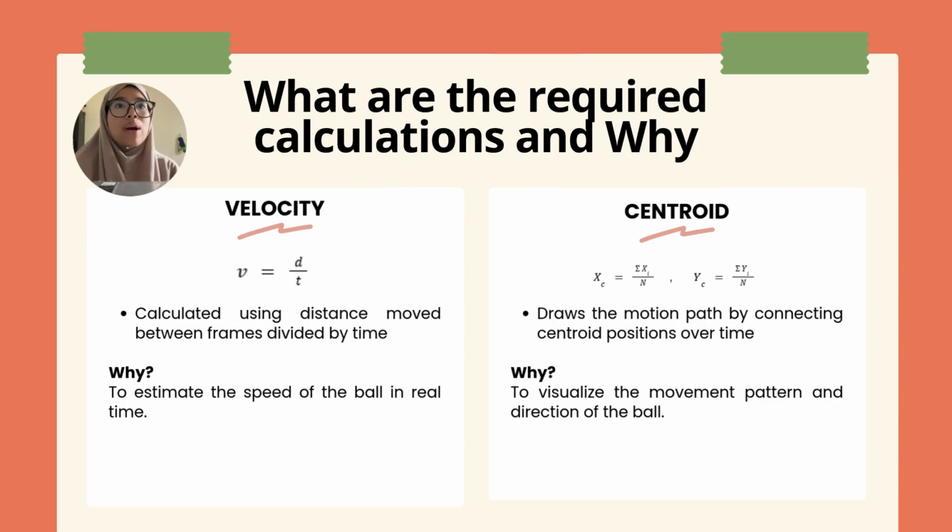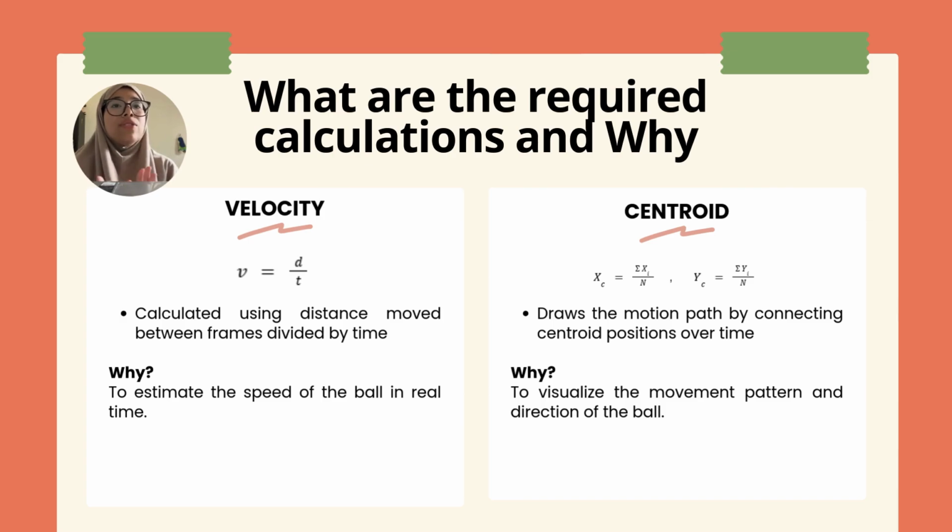After that, velocity is calculated by measuring the displacement of the centroid between consecutive frames and dividing it by the time difference. This provides an estimation of the ball's speed in real time, which is useful for sports motion analysis.